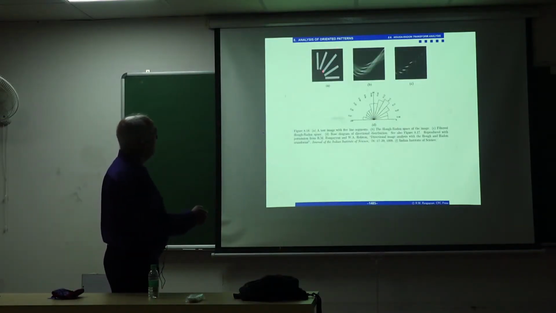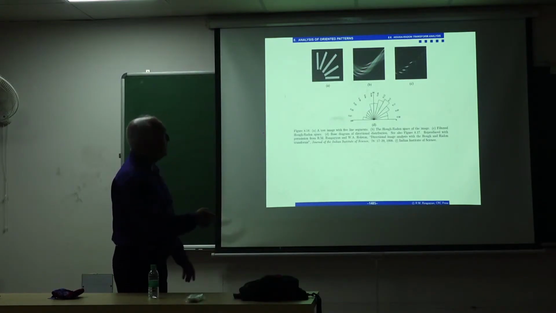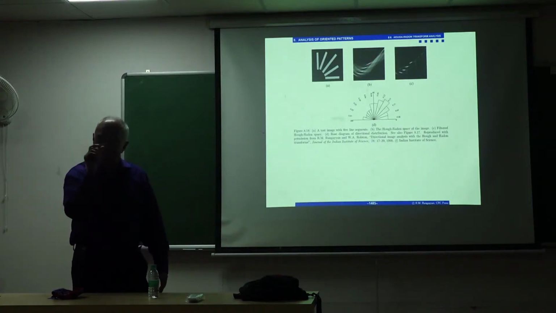So here we have an image with 5 segments, and we have the Hough-Radon space. There are these points where these curves are intersecting, but note that these are thick line segments, so these regions of intersection are not single points, they are spread over.